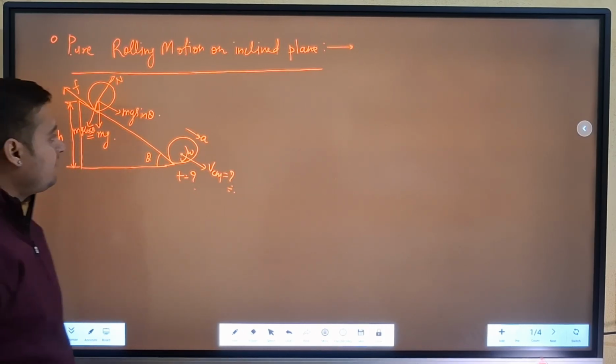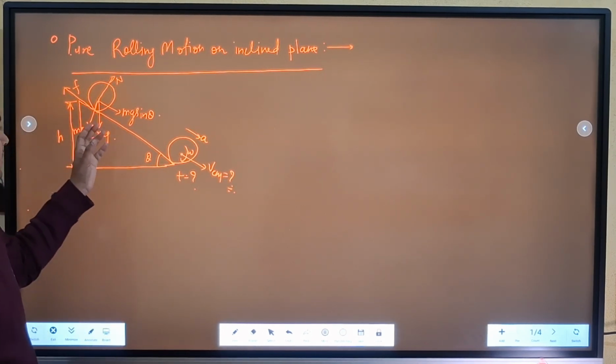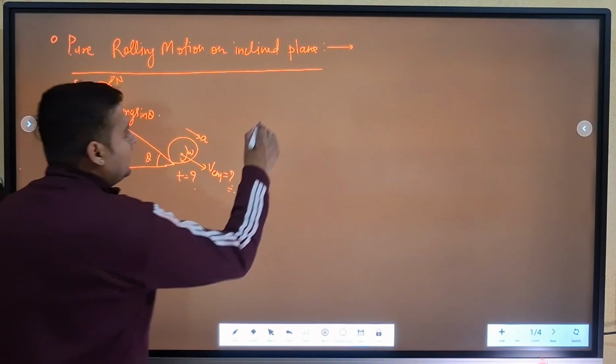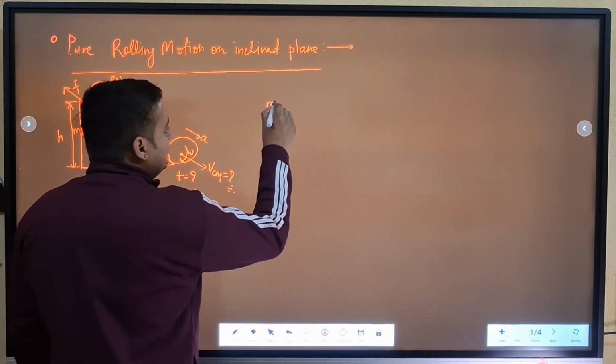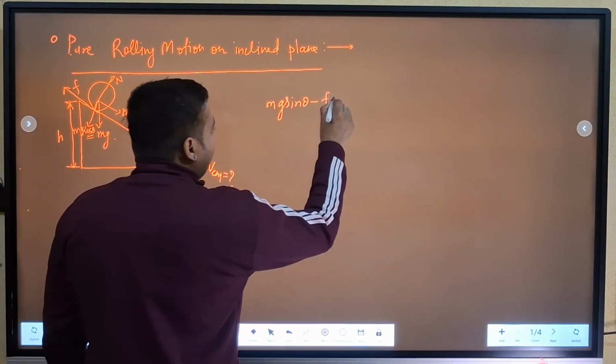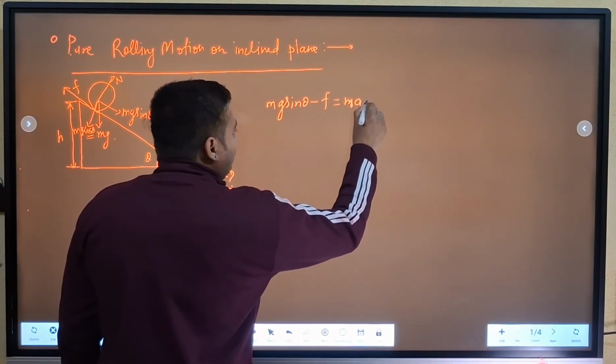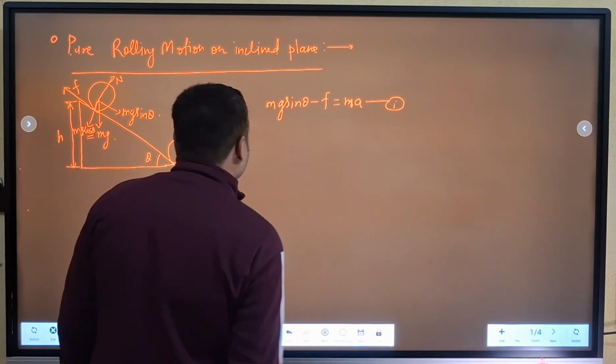Yes, so now we want to write the equation. So for force, the equation will be mg sin theta downward. So we will write in the acceleration direction: mg sin theta minus F is equal to mass into acceleration. This is our first equation.